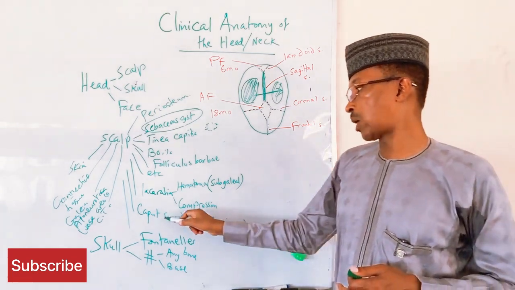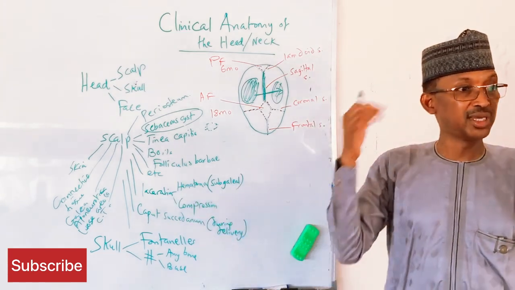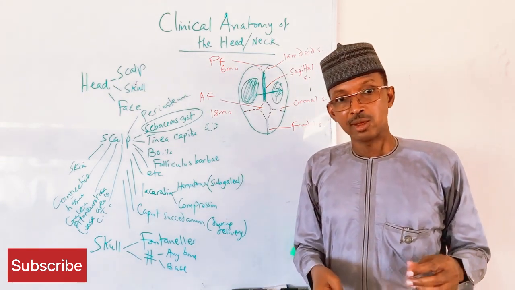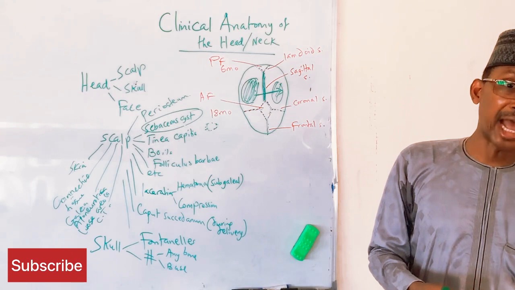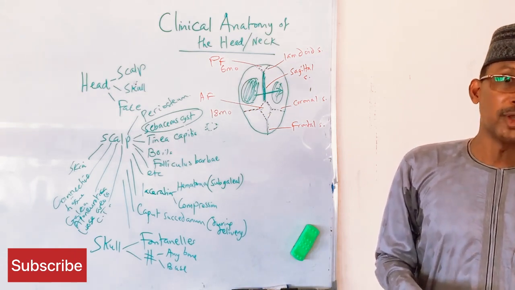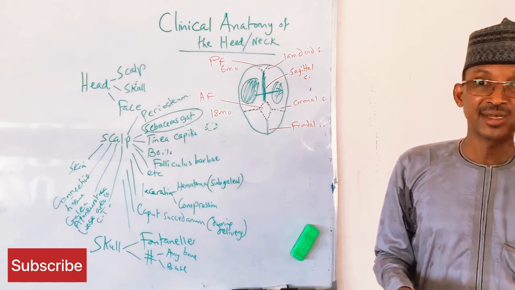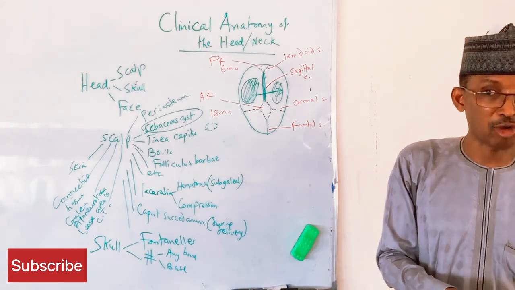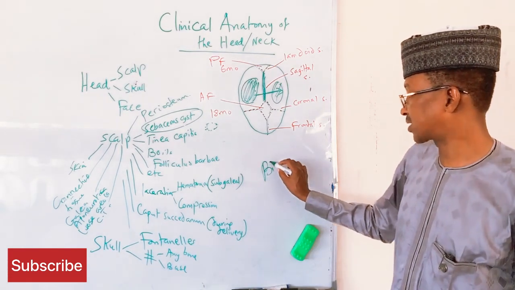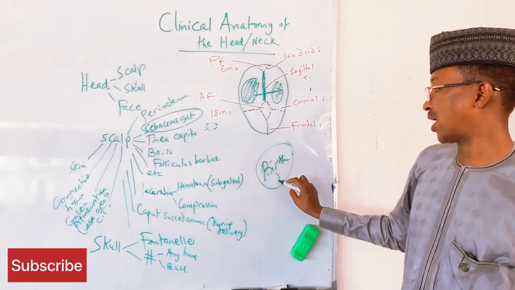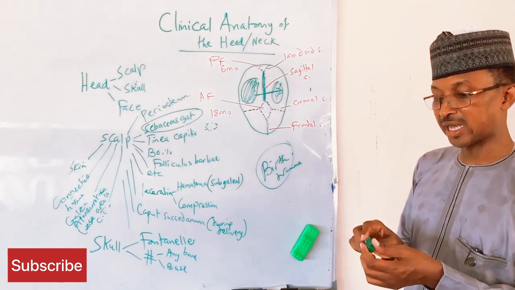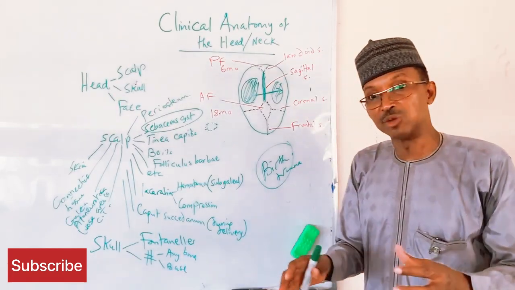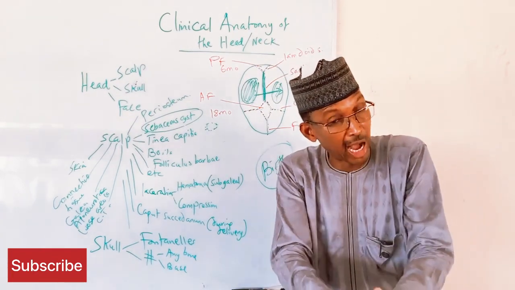So you can also have what we call caput succedaneum in the skull. I'm sure some of you who have borne some children, the women, when you bore a child, you see that the child comes out with a swelling on the head. When you touch the swelling, you will feel it is fluctuant, just like water inside. This is as a result of the trauma, birth, we call it birth trauma. So when somebody now, the birth canal maybe is very small, so birth trauma can be as a result, because at times the midwife that is collecting the delivery of that baby, she may use compressional forces to bring the head out.